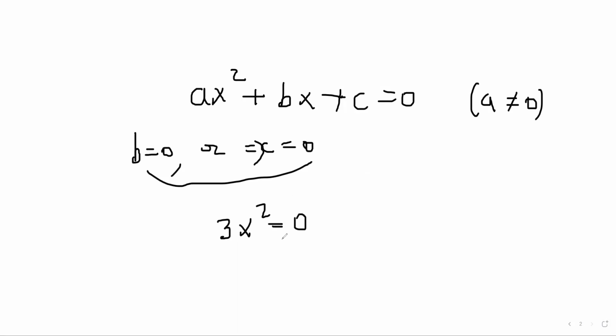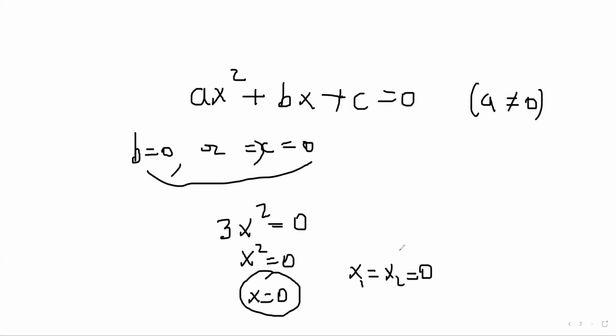So sometimes we can have such equations, and it's also an incomplete equation. In this case, 3x squared equals 0. Actually, x squared equals 0, x equals 0. So we know that there are two equal roots, x1 equals x2 equals 0. This is the case when we have two equal roots. If we have b equals 0, we get an equation, for example, 2x squared minus 8 equals 0.